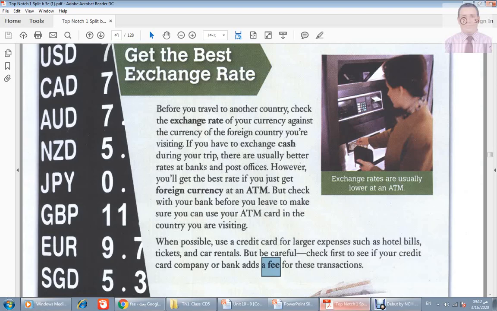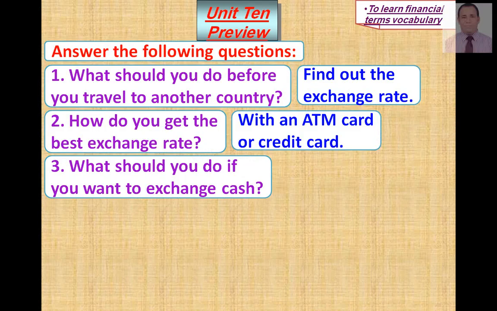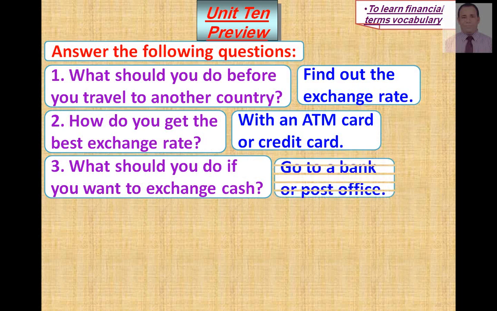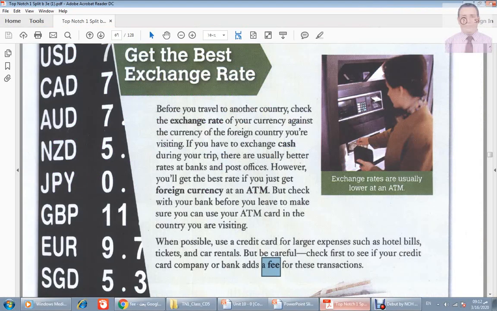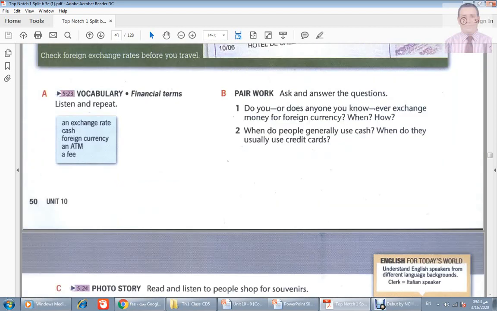So what should you do if you want to exchange cash? Go to a bank or what? Post office, because he said here in the passage that there are usually better rates at banks and post offices. That's it.